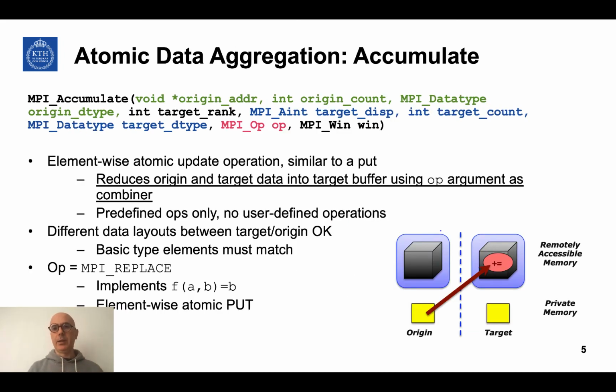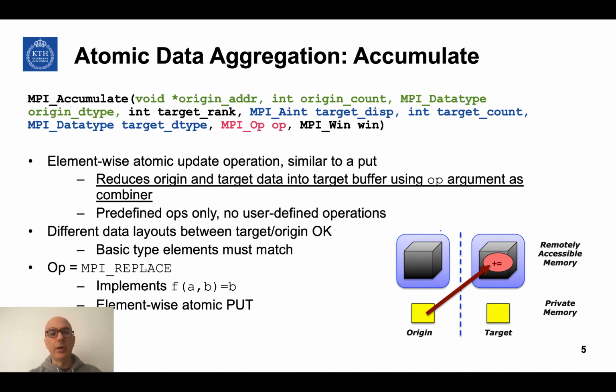Let's look at operations for doing accumulation and aggregation. So we can use MPI_Accumulate. This corresponds to an element-wise atomic update operation. It's basically similar to a put, but we do have an operation that we can use for reduction. The way it works is that it reduces origin and target data into a target buffer using an op argument. So we provide which kind of operation we are going to use for the reduction.